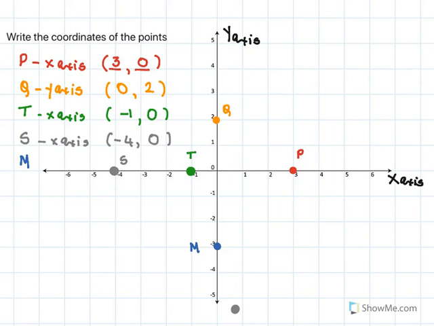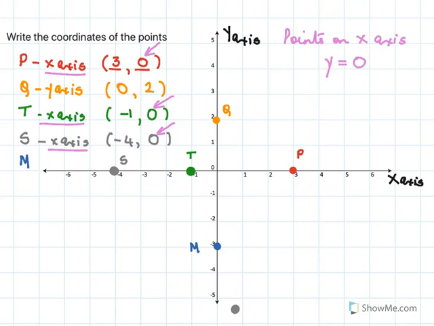If you carefully observe all the points, P lies on the x-axis. Its y-coordinate is 0. T lies on the x-axis. Its y-coordinate is 0. S lies on the x-axis. Its y-coordinate is 0. So from this we can conclude that for all the points on the x-axis, y is equal to 0.